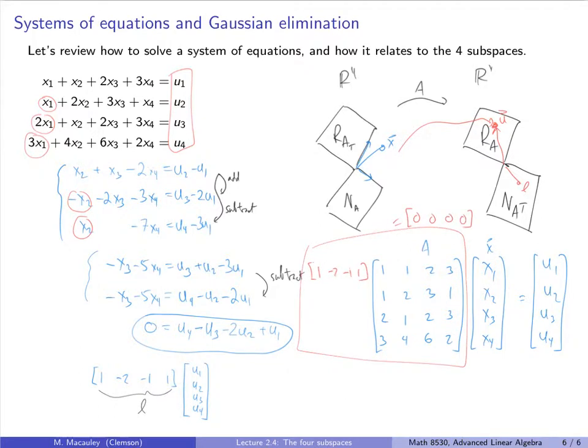And you can check that, indeed, this linear combination of the rows is going to be 0. In other words, let me make this a little clearer.